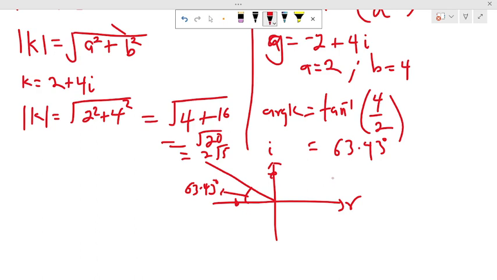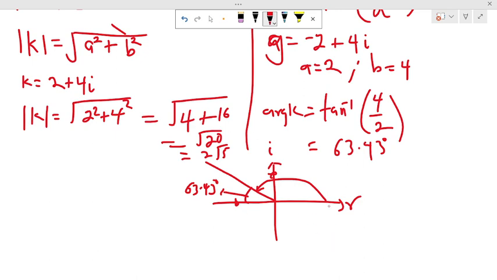So if you want to know the argument of k, we have to measure the angle from the positive x-axis. So we measure from here to here, and that will give us the argument of k.